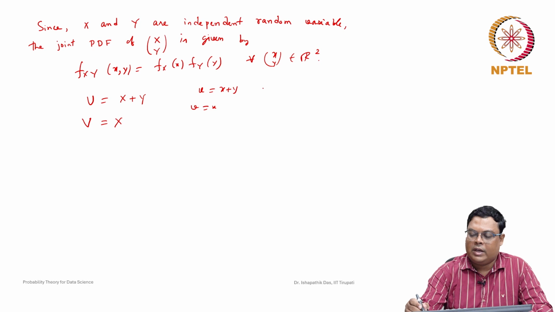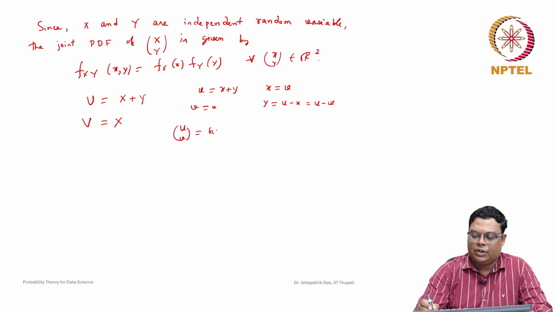From here we can get the inverse: x is equal to v and y is equal to u minus x, which is equal to u minus v. So we have this inverse. This is the transformation actually: (u, v) is equal to g of (x, y), which is (x plus y, x).